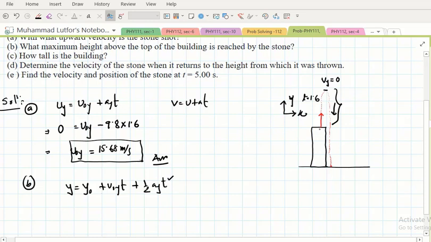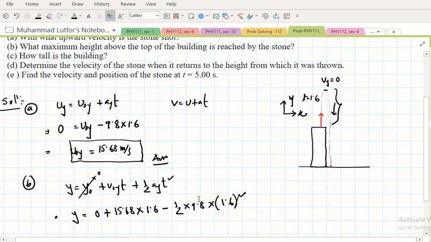If I choose this as my origin, then this is the zero initial displacement. I'm going to find this y. V naught y I know, so y equals 0 plus 15.68 times the time to reach the top point, 1.6, minus half into 9.8 into 1.6 squared, right?